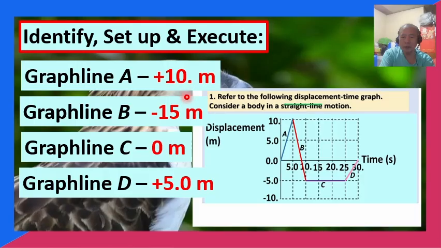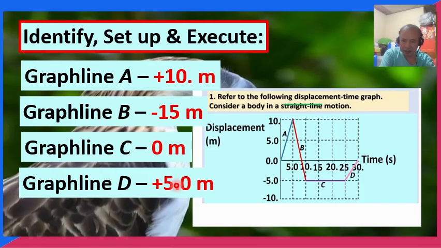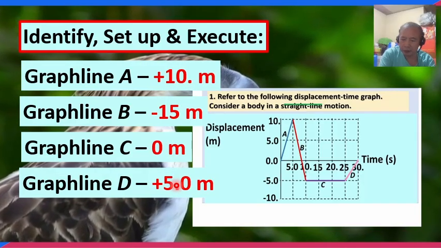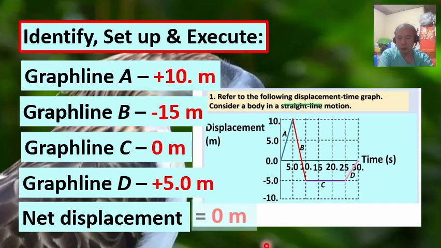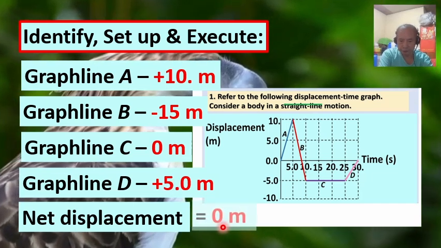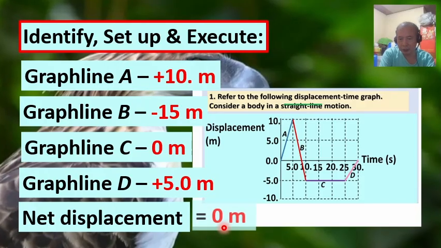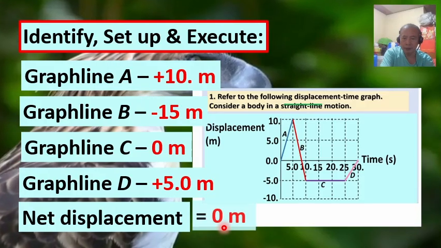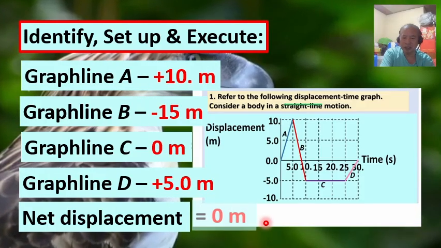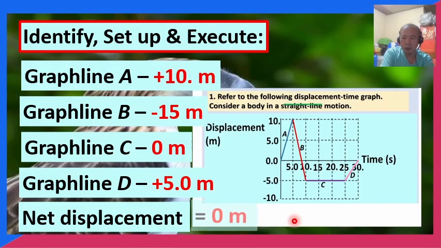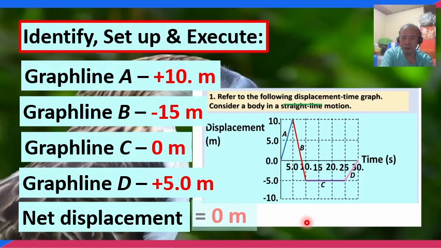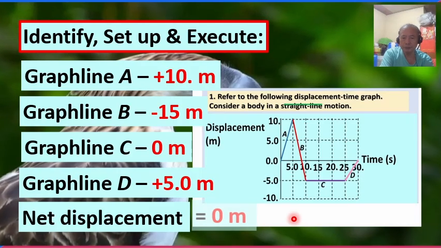So when we add all of these displacements, we get the net displacement equal to 0 meter. A zero net displacement seems to suggest that the body hasn't moved from the origin. It doesn't move at all.